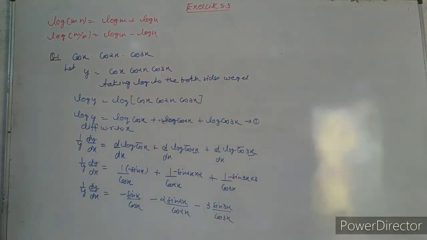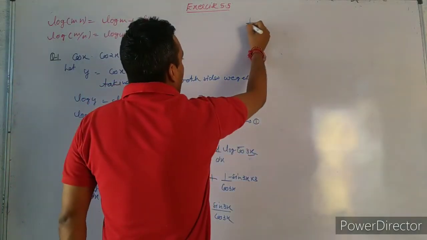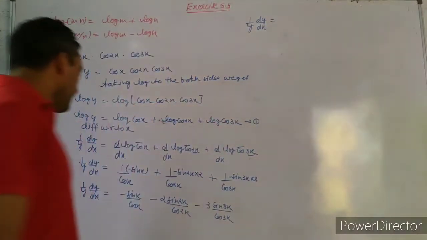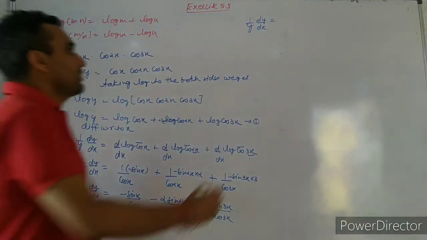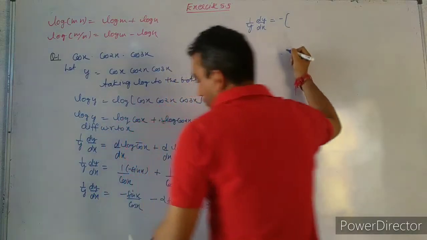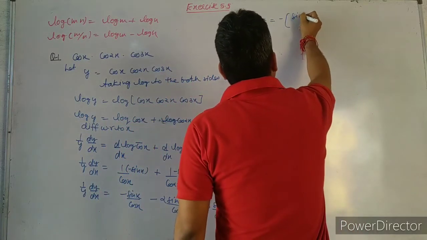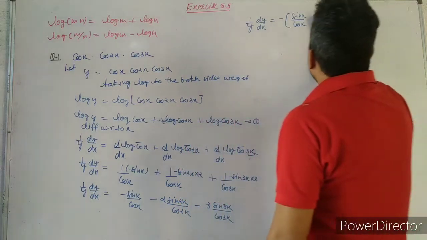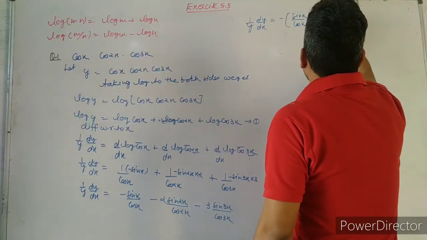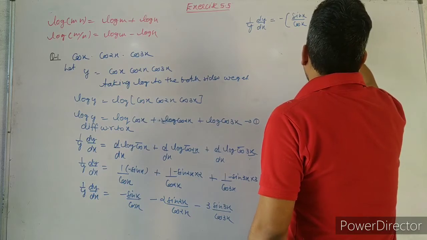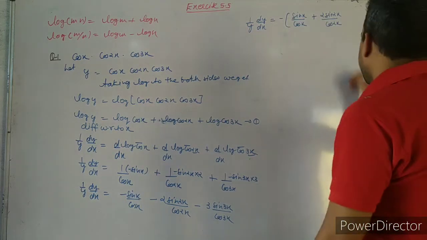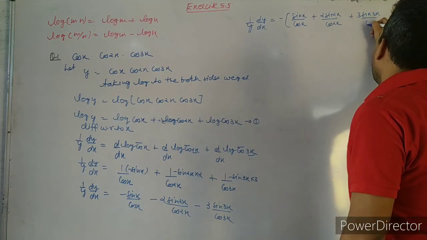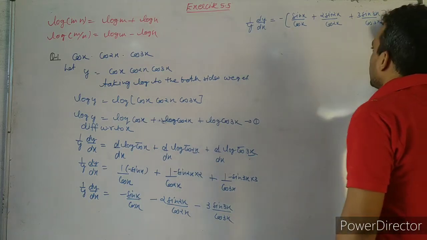Now further solving, I get 1 upon y dy upon dx equals negative, taking common, inside the bracket sin x upon cos x plus 2 sin 2x upon cos 2x plus 3 sin 3x upon cos 3x.